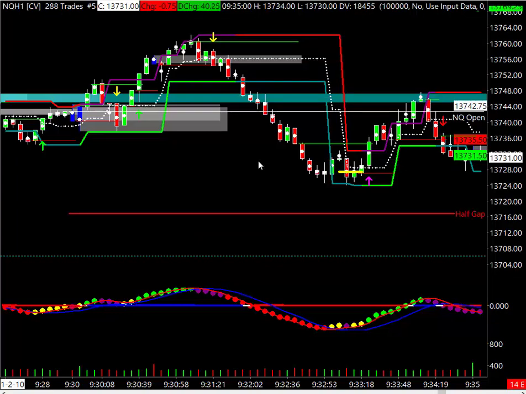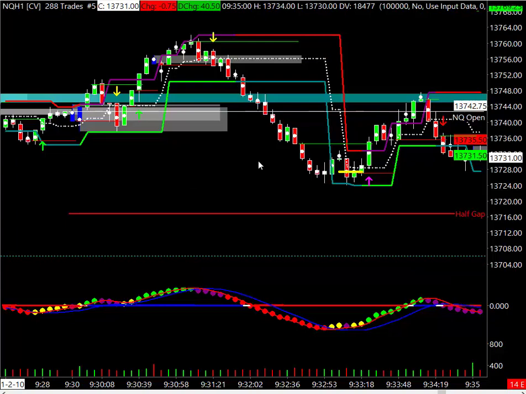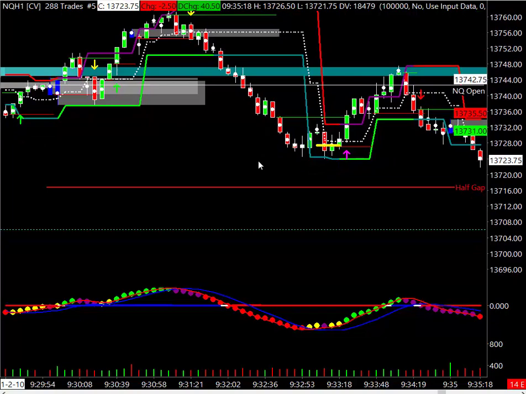So we know we had a support line. We pushed back up here. And as in the diagram, we always want to make sure we're looking for a good 61.8, 50% retracement, and then to see our resistance come in. Our resistance line came in.